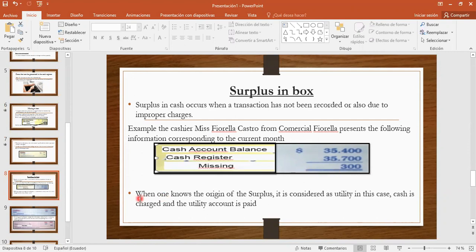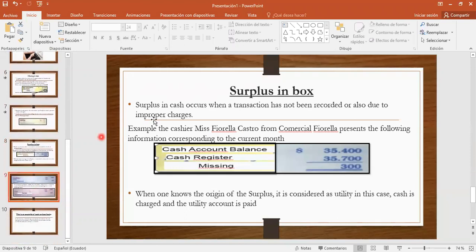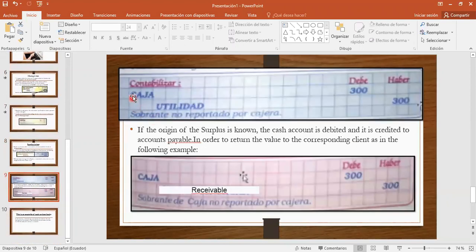When one cannot know the origin of the surplus, it is considered as utility in the books. Cash is debited and the utility account is credited. Example, books versus utility. Books, this is $300 and utility $300.